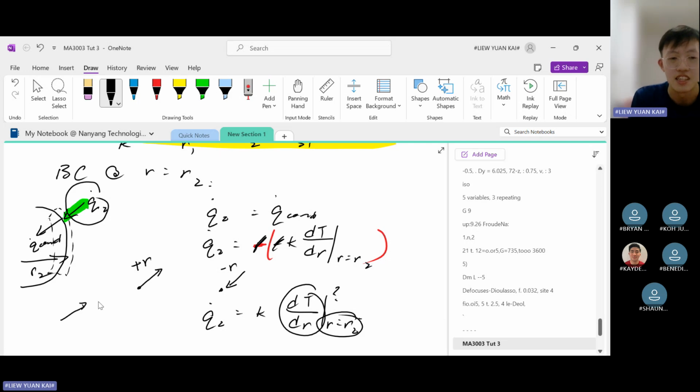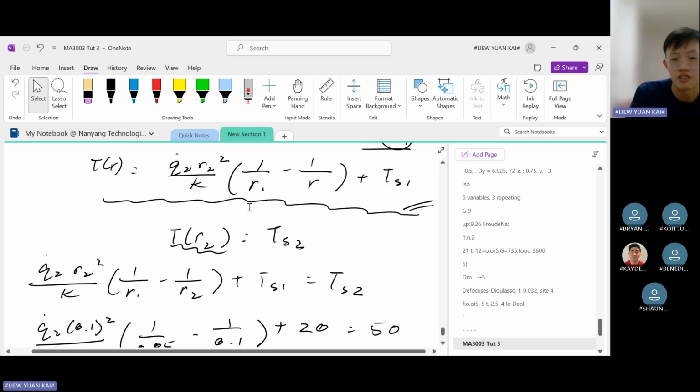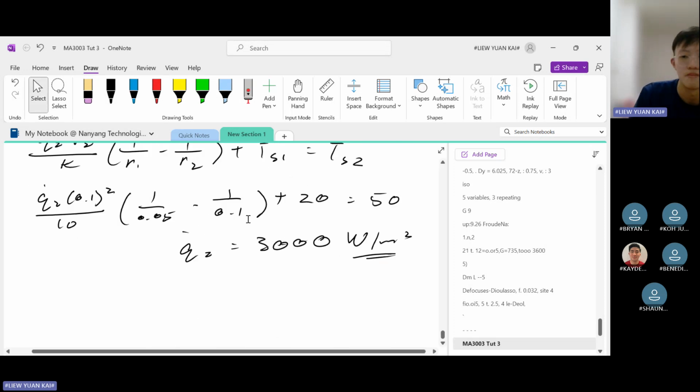So he assumed an incorrect direction, and his answer is evaluated as negative 3000. The negative tells him that the assumption is wrong, so he has to flip the direction of his assumed Q2. Since mine is positive, it shows that my direction is correct. And that's it. That solves the question.